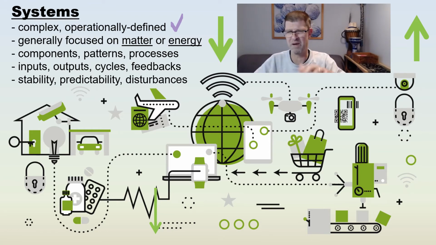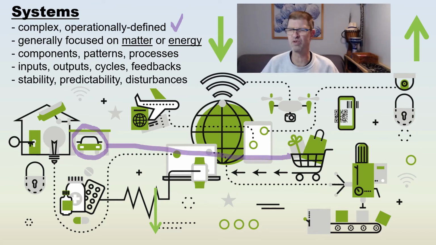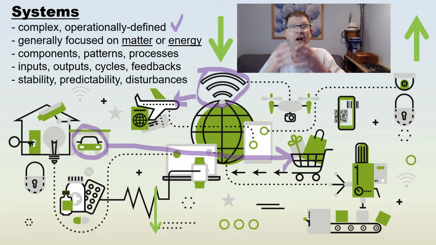This seems to be about energy or information, so we might be interested in if we change the price of gas, what does that do to how often people go shopping? If we change access to the internet, how does that influence whether or not people are traveling in airplanes? These things are actually connected, and they have an influence on the environment.